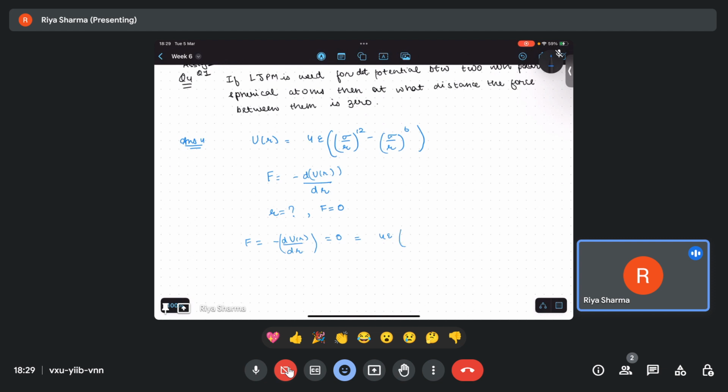So you are already at 2 sigma to the power r minus 12, it's already there, and here sigma to the power r minus 6 is already there, right?